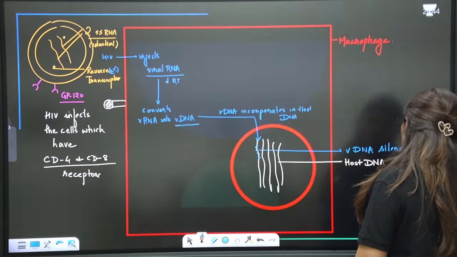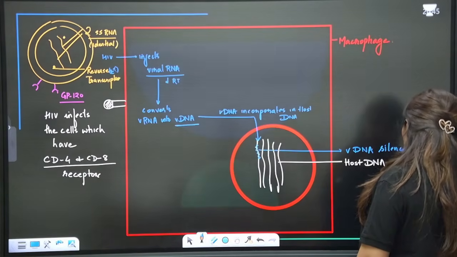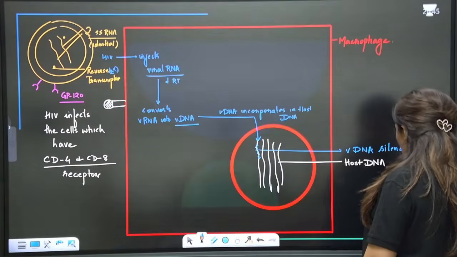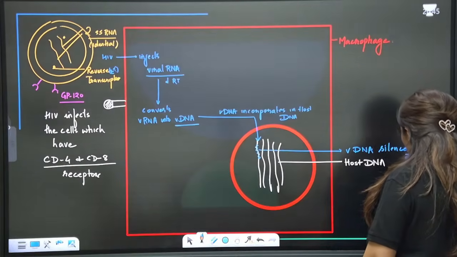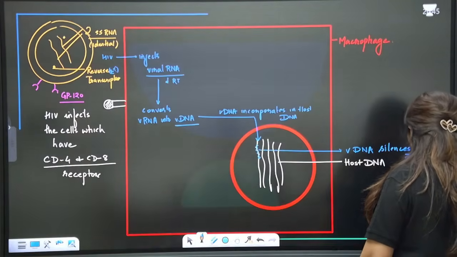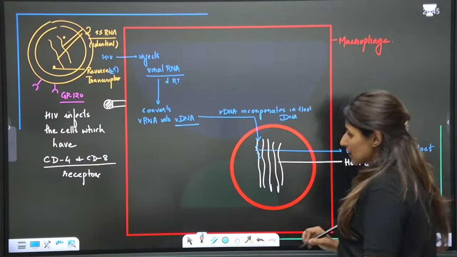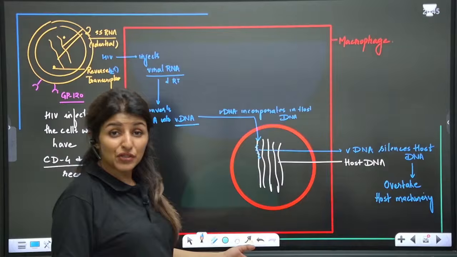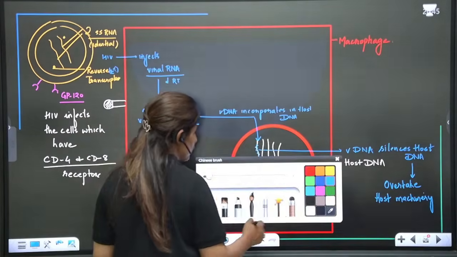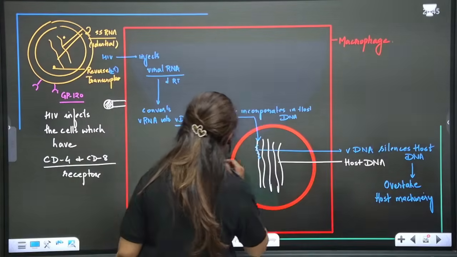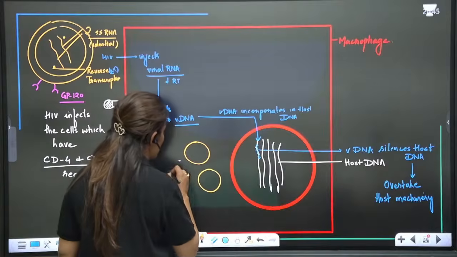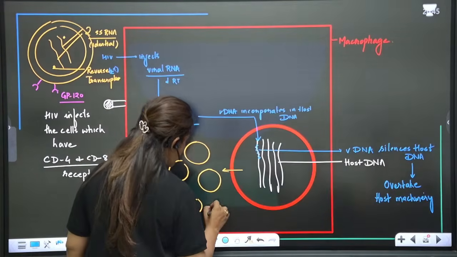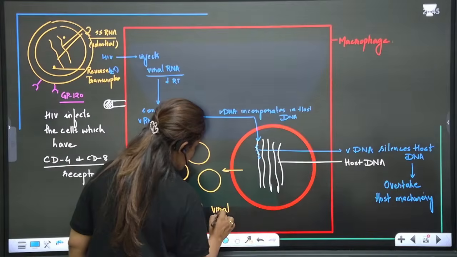It will overtake the host machinery to make viral particles. Is that clear? So now this macrophage is not going to serve the purpose for which it was born. It is going to become a factory house of HIV. So it will produce more HIV particles. So what will happen? More viral particles are produced.